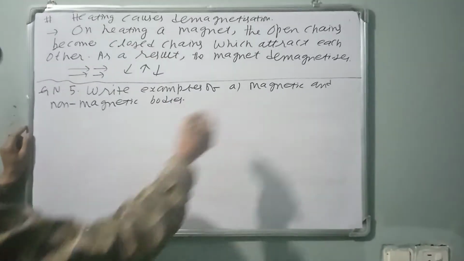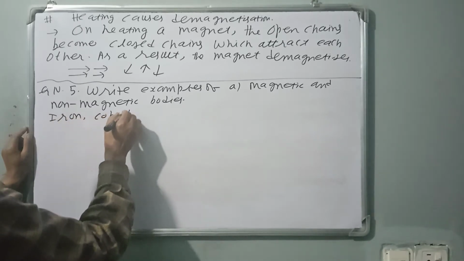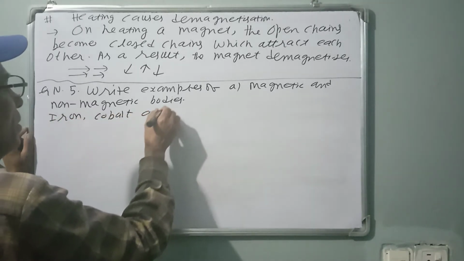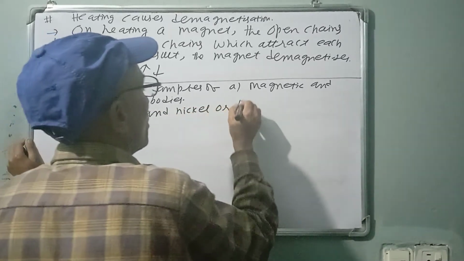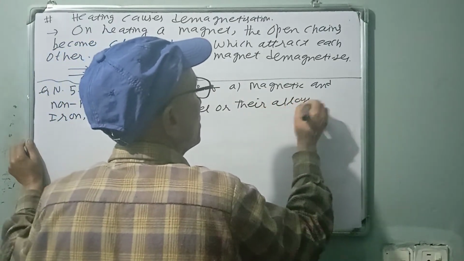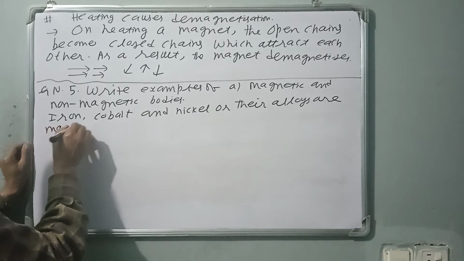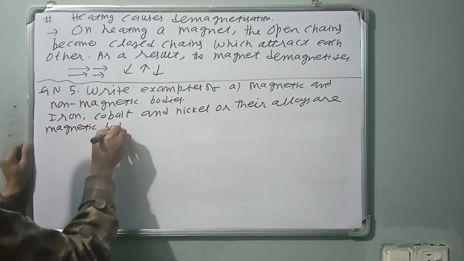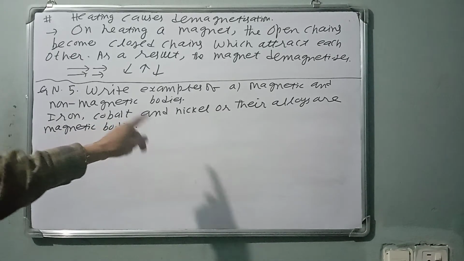See, examples of magnetic bodies: iron, cobalt and nickel, or their alloys are magnetic bodies because they are attracted towards a magnet.